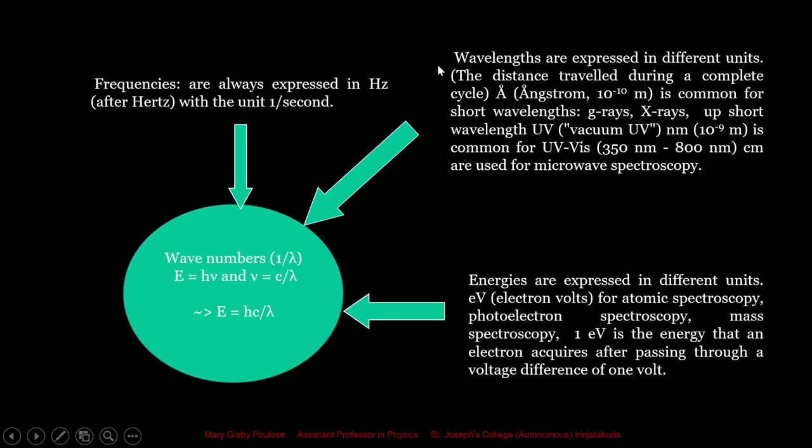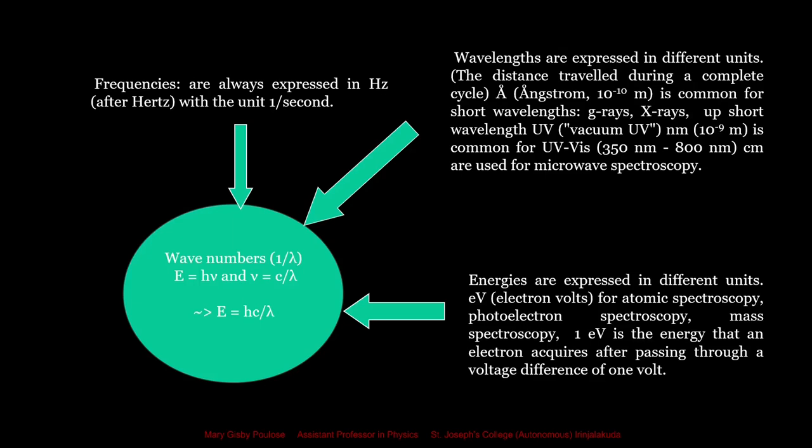Wavelength is expressed in different units. It is actually the distance traveled for a complete cycle, and angstrom is common for shorter wavelengths like gamma rays and X-rays up to UV rays, whereas nanometer is common for the ultraviolet-visible spectrum, which is used for microwave spectroscopy.